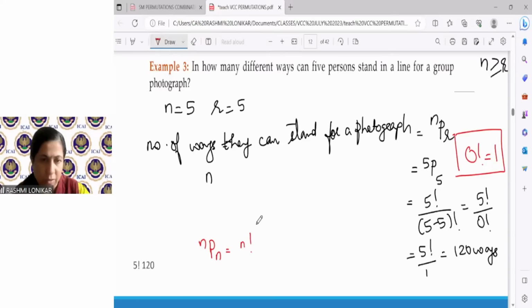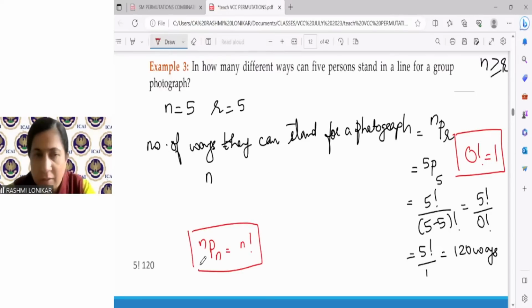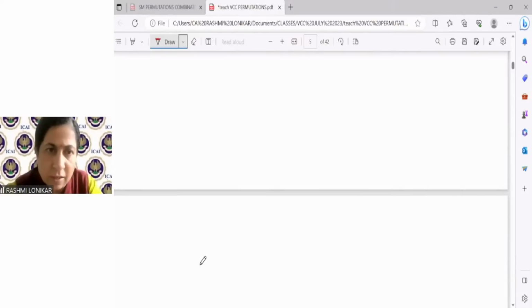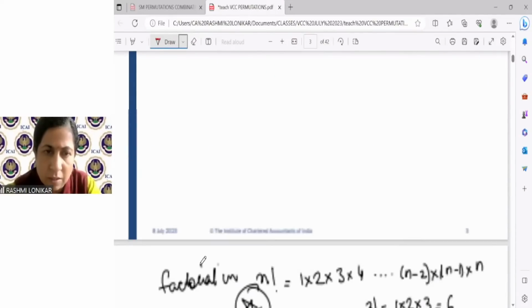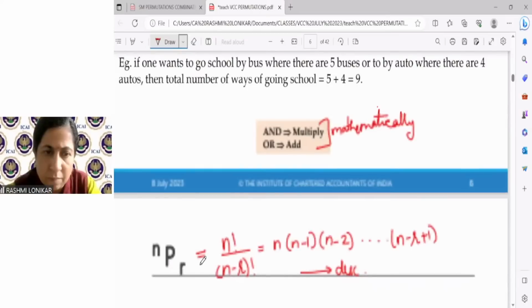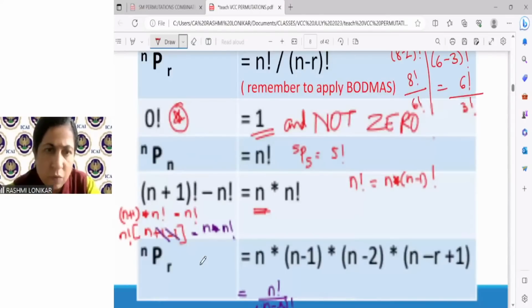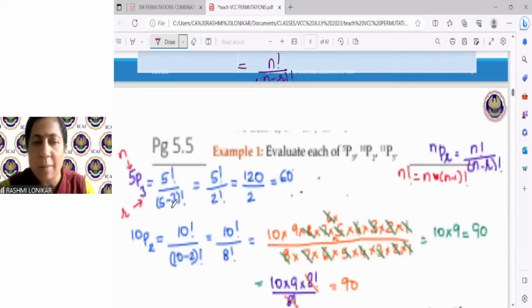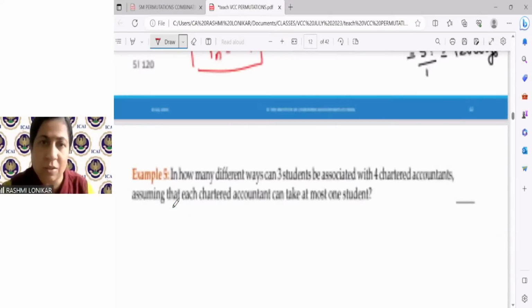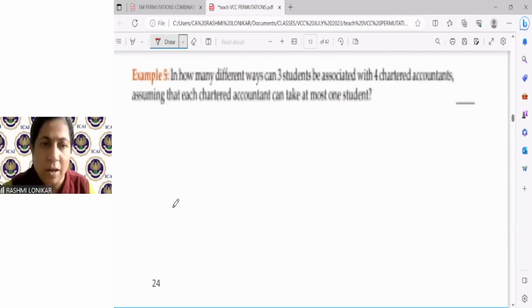Also, you must remember that you could have easily written this because NPN is equal to N factorial. This is also a formula. I think I've written it in the slide. Yes, see, NPN is equal to N factorial. If you remember all these formulas, then you can easily apply them. That's why it's important, as Sakshi asked me.